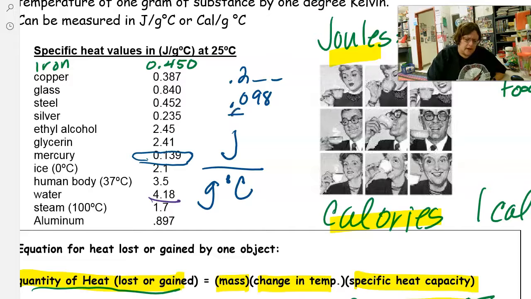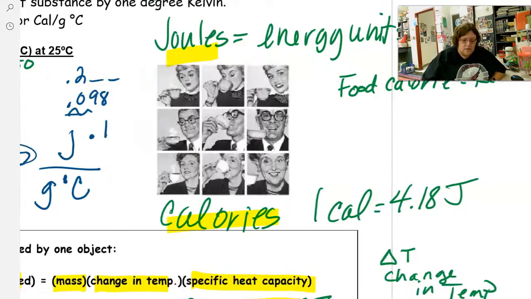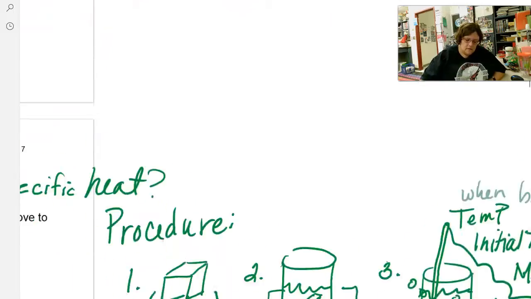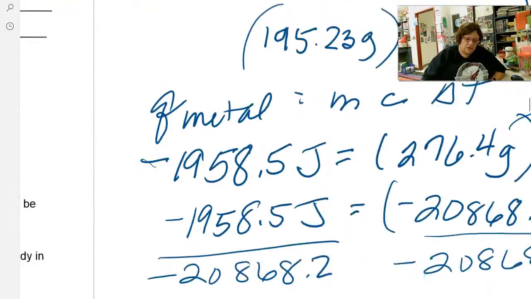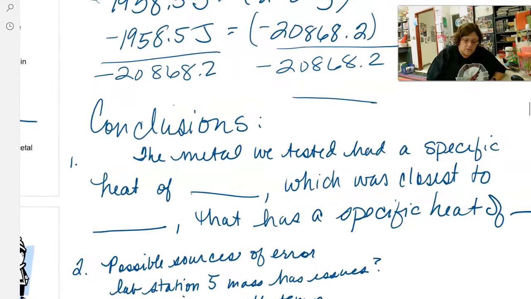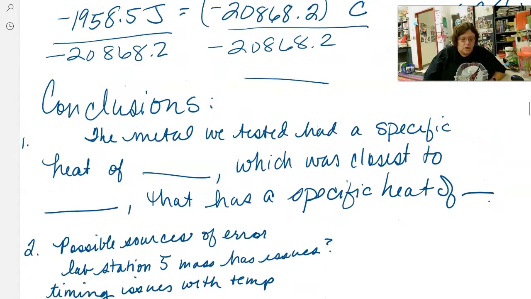So if we round that up to 0.1, we come close to mercury. So the group whose data I used, they're going to say their specific heat matched mercury. You're going to look and see what your specific heat matches, write down the one that it's closest to, and then write its actual specific heat.